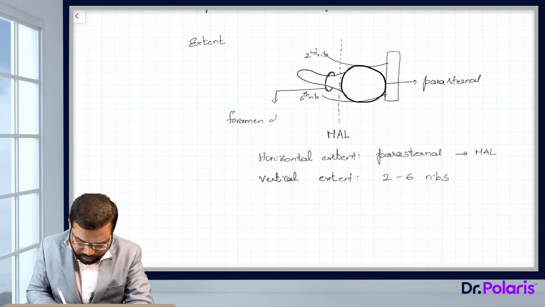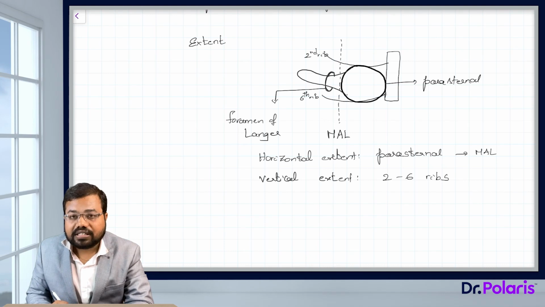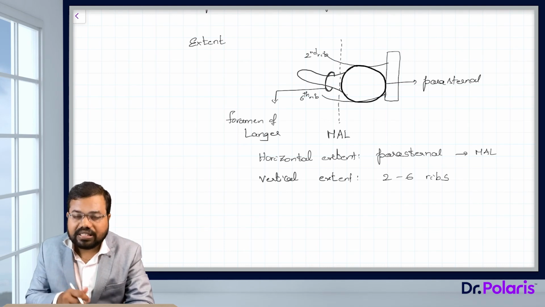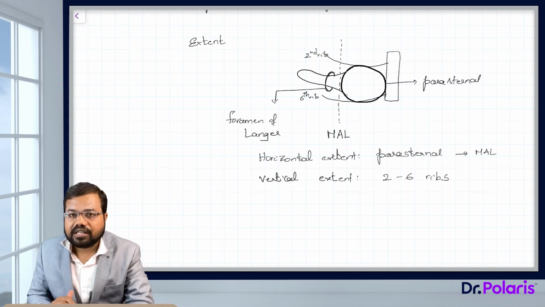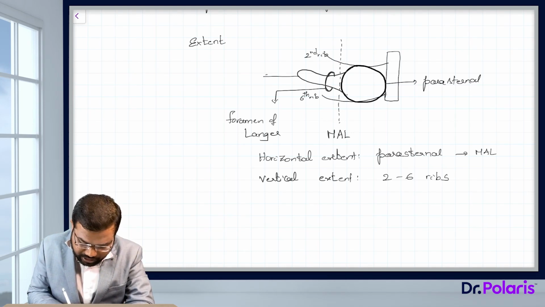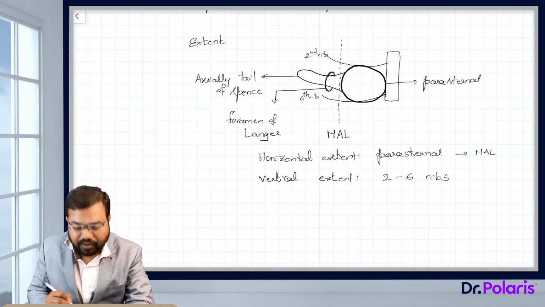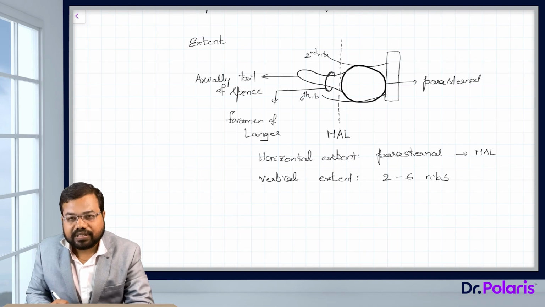What is the foramen of Lange? It's a foramen within the deep fascia. Once it pierces the deep fascia, it enters deep inside the region called the axilla. This part which is present in the axilla is called the axillary tail of Spence. Okay.